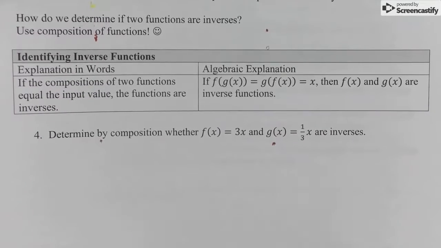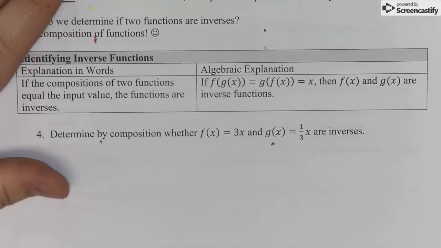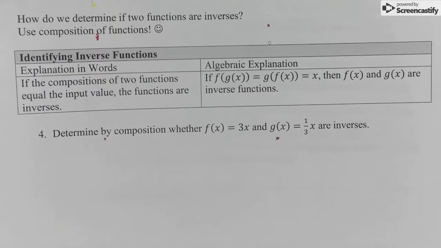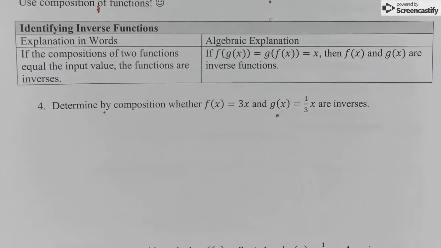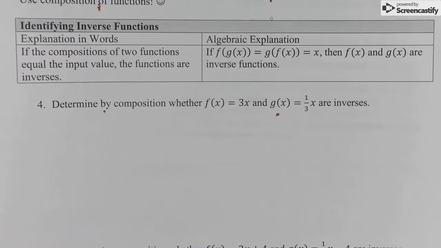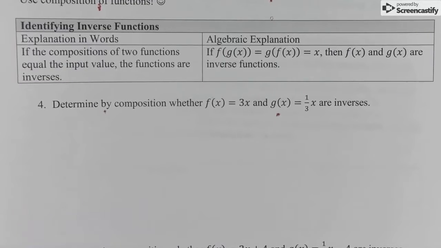So how do you determine if two functions are inverses of each other? We're going to use what we studied in the last section, the composition of functions. Let's look at this explanation. If the composition of two functions equals the input value, then the functions are inverses.